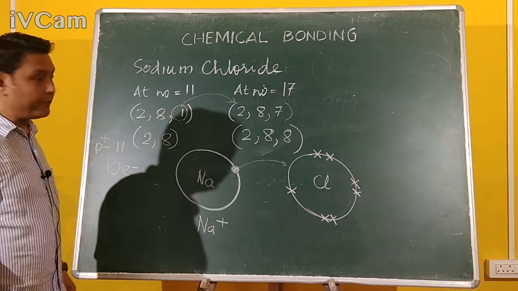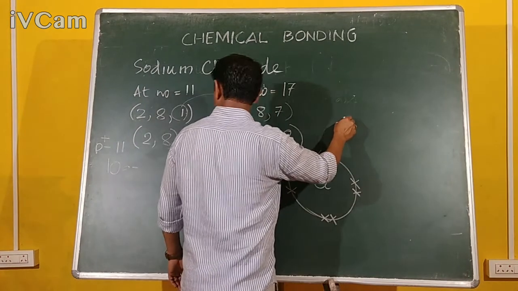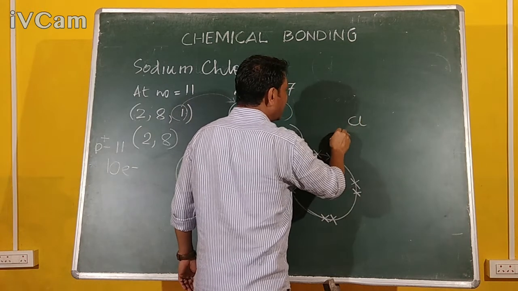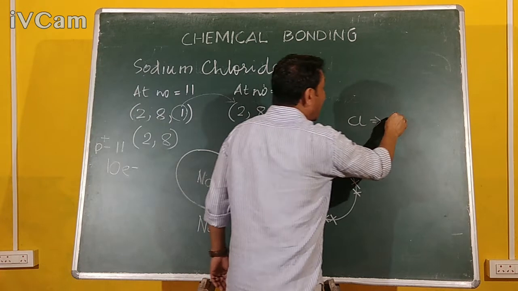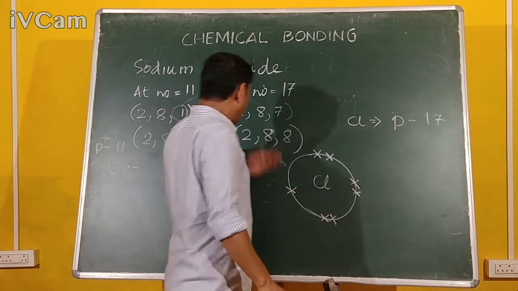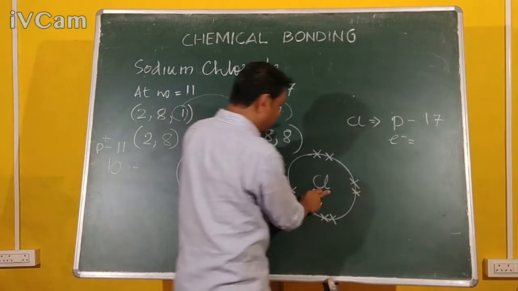Is it okay? Now, in the case of chlorine, how many electrons will chlorine have? What is the atomic number? 17. How many protons does it have? 17. How many electrons did it have earlier, before receiving 1 electron from sodium?